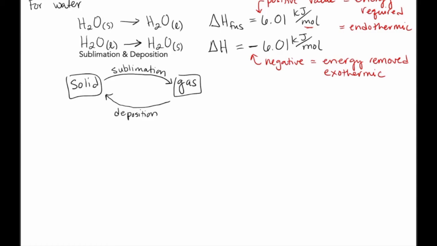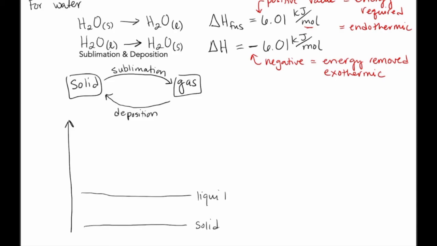Just an idea of what we see overall is if we look at some amount of energy, like we have some axis, and we're looking at these phases, we have solid down here, we have liquid here, and then we have a gas up here. What we've talked about with energy being this delta H value is that the transition from solid to liquid, that amount of energy is given by the delta H fusion, the melting process.